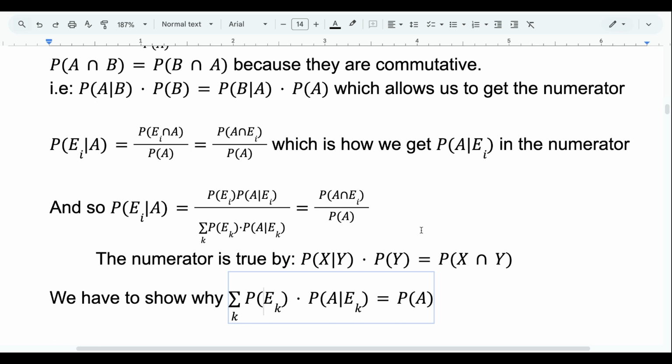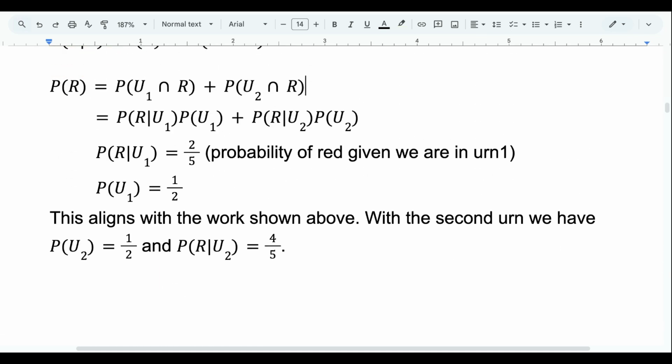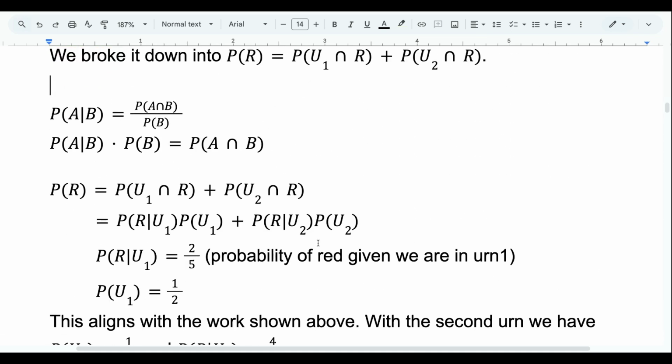So the numerator is true based on essentially cross multiplying in conditional probability. Now, the denominator here is basically breaking up A into pieces. We saw that, not a full-on proof, when we broke up the probability of R into the probability of U1 and R plus the probability of U2 and R, which then became conditional probability forms.